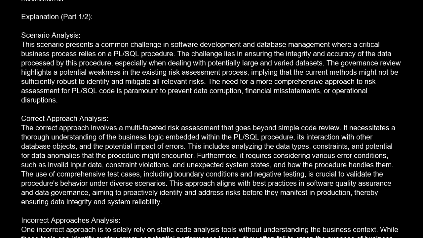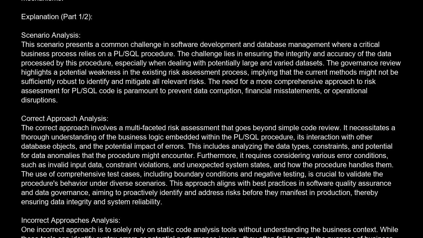Furthermore, it requires considering various error conditions, such as invalid input data, constraint violations, and unexpected system states, and how the procedure handles them. The use of comprehensive test cases, including boundary conditions and negative testing, is crucial to validate the procedure's behavior under diverse scenarios. This approach aligns with best practices in software quality assurance and data governance, aiming to proactively identify and address risks before they manifest in production, thereby ensuring data integrity and system reliability.